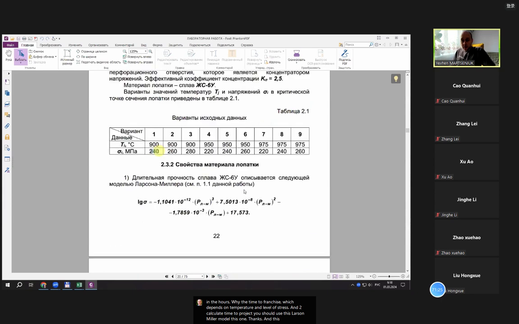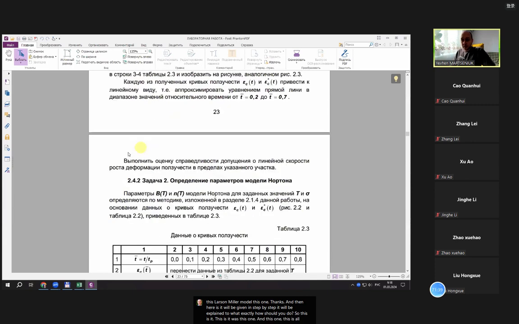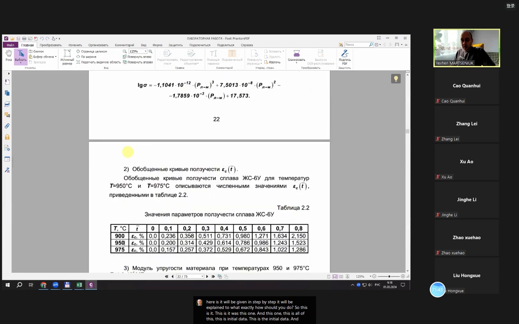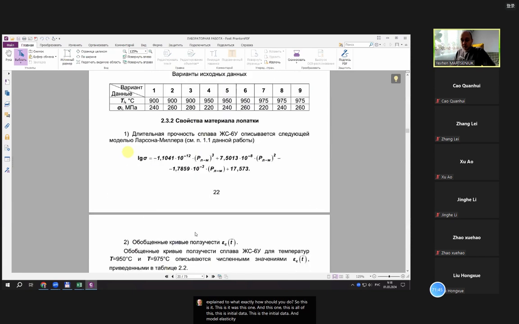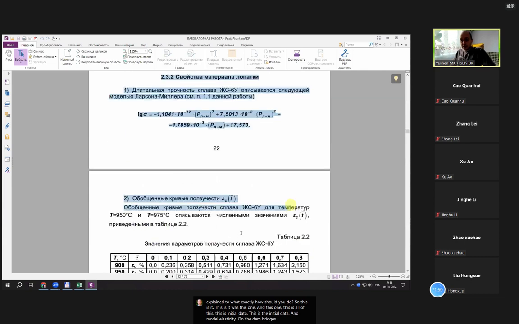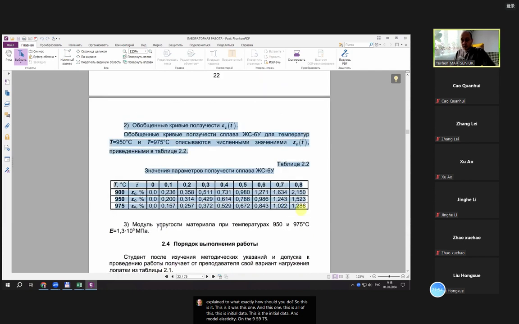And then here it will be given step by step, it will be explained what exactly and how you should do. So this is the initial data. And the modulus of elasticity under the temperatures 950, 975 is 1.3 multiplied by 10 to the power 5.